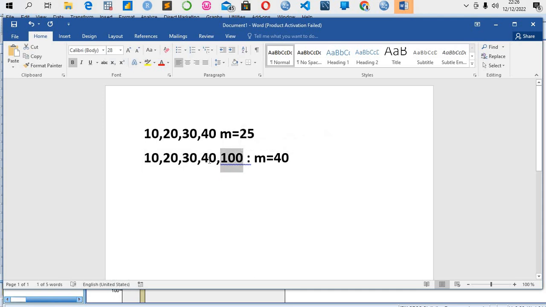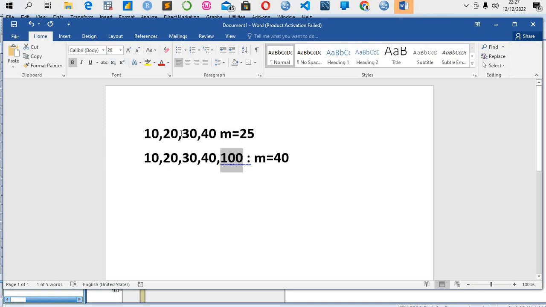Because actually, all other values, when we remove 100, are less than 40. So this mean doesn't make any sense. It is abnormally high. Look at 25. All these values are reasonable because 25 sits at the middle here.